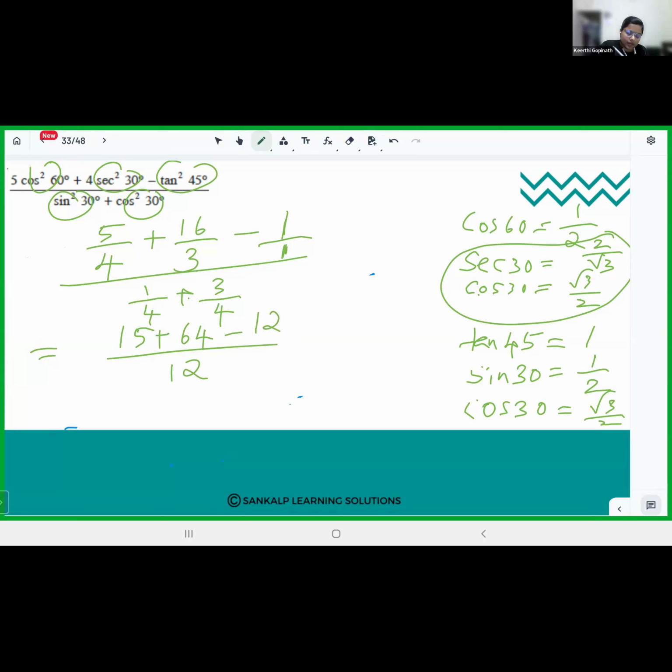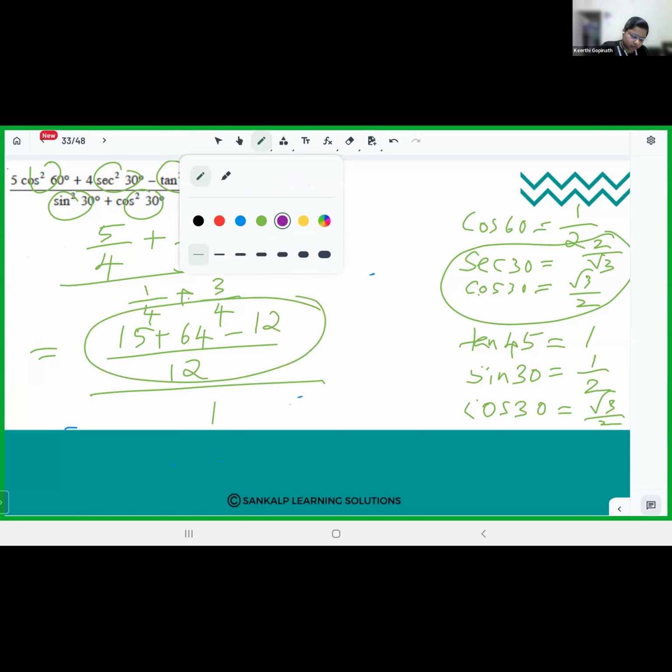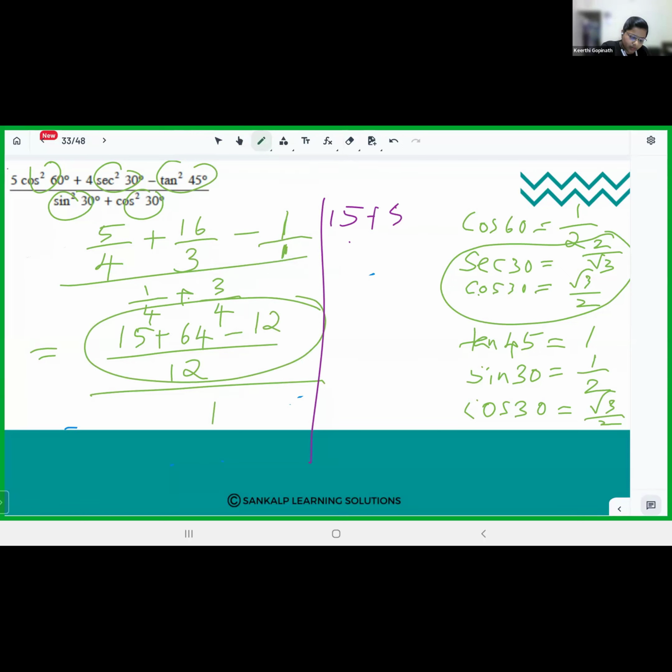Minus 12 by 12 divided by 1 by 4 plus 3 by 4 is 4 by 4, that is equal to 1. Okay, so you just need to find out the value of this particular thing. 15 plus 64 minus 12 by 12, right? So that is equal to 67 by 12. So what is the value? It is nothing but 67 by 12.